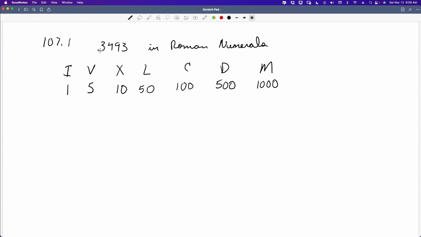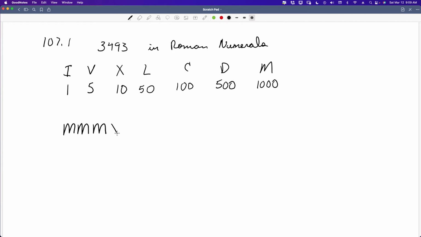So if we want to write 3,000, then we need to have 3 M's because the rule is no more than 3, right? So we have M, M, M, that's 3,000. Now we need to have 493. Well, 490 is just 10 less than 500.